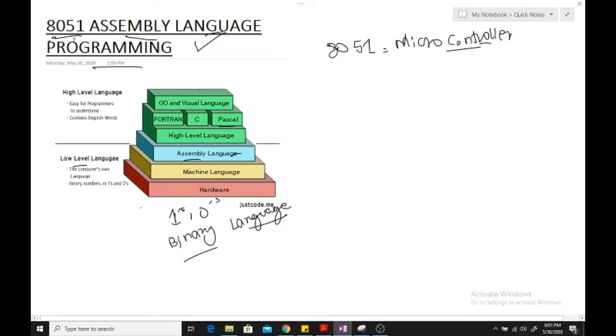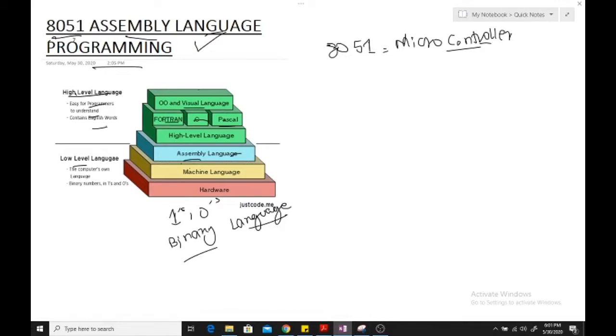But it is known as a low level language because it is difficult for a normal person to understand, while as technology has progressed, more languages have been generated that are more user friendly, or I would say more programmer friendly, and they are known as high level languages. They are easy for programmers to understand. They contain a lot of English words that help programmers develop a program for a certain task.